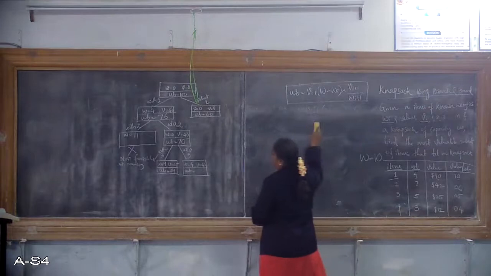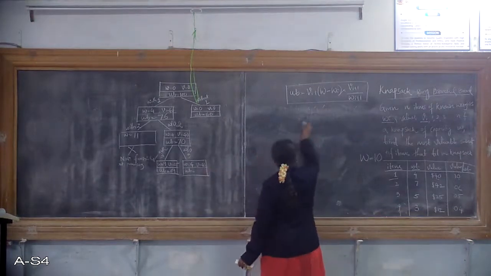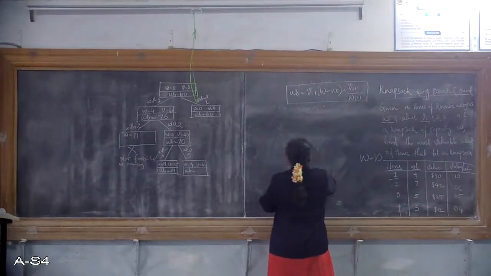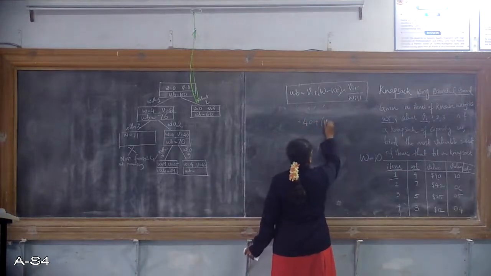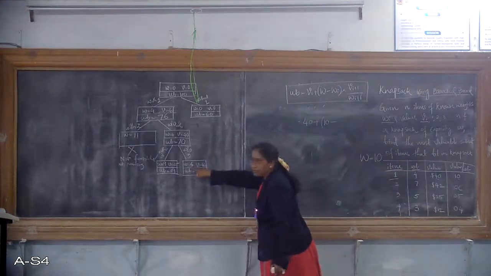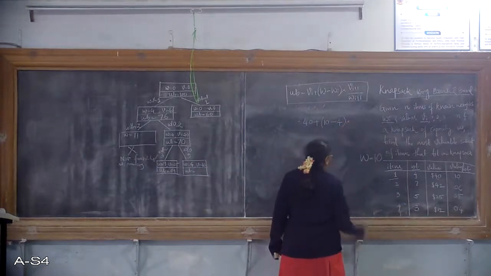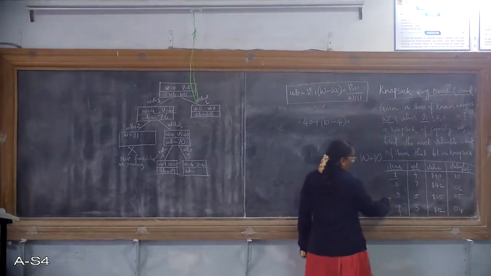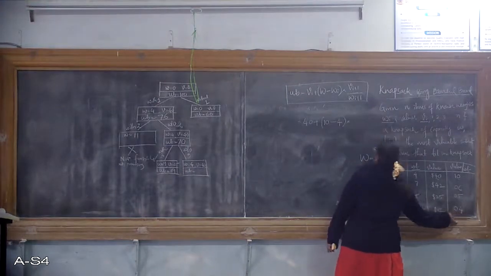So here, value is 40, V is 40, 40 plus capital W is 10, small w is 4, multiplied by, when I am talking about the third item, the next item value by weight ratio to be considered, 4 here.